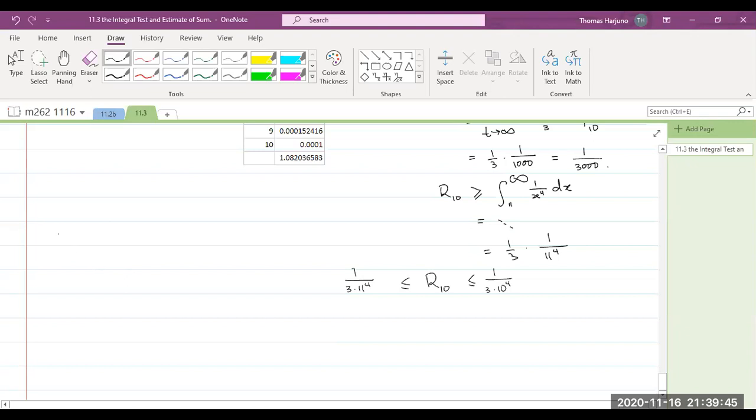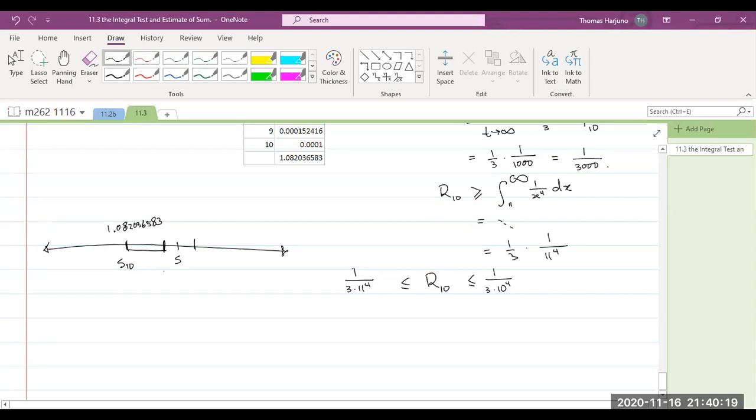So think about this. On the number line, S10 is 1.08203658. Now suppose the infinite sum should be between this and that.